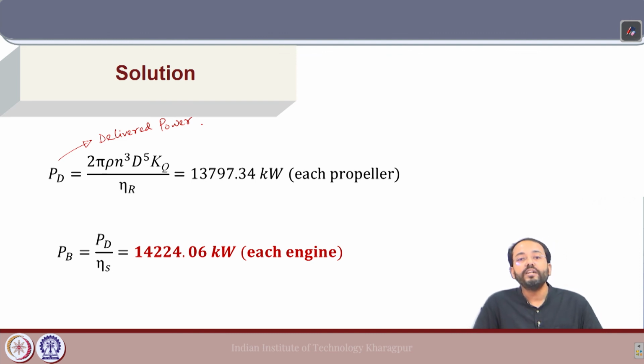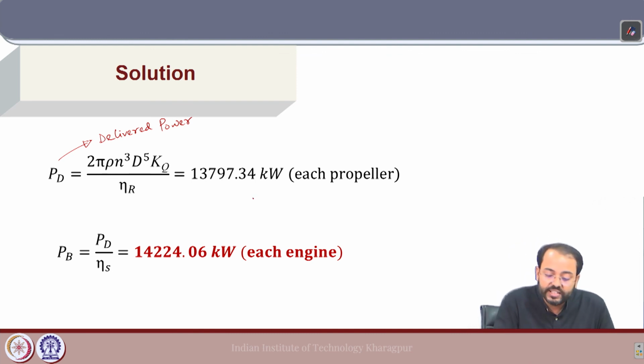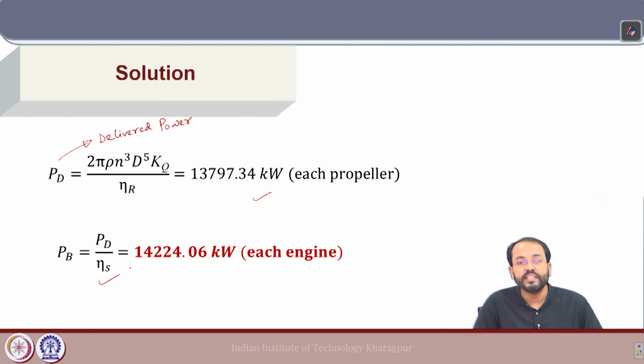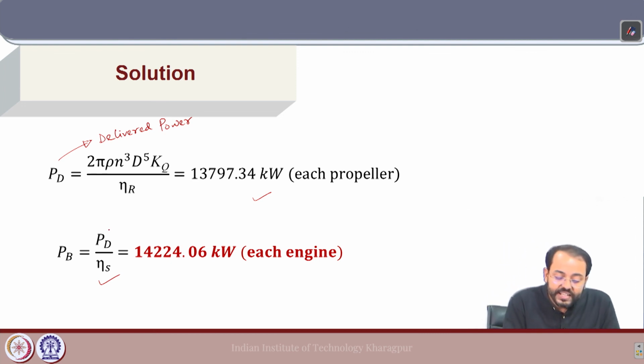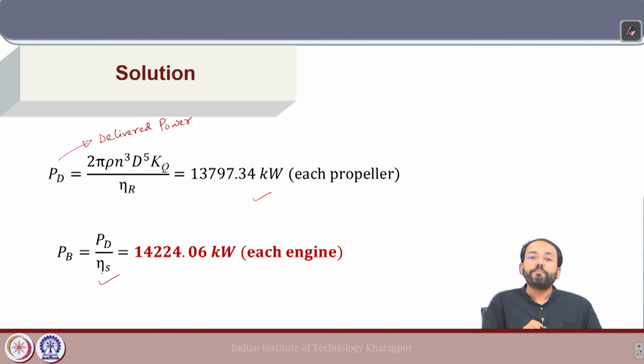The delivered power to each propeller can be calculated here, and based on the shafting efficiency of 0.97 which was given in the problem, the brake power of each engine can be computed from the delivered power. So Pd by eta S will be the brake power. Now in this case we have two propellers, so there will be two engines.